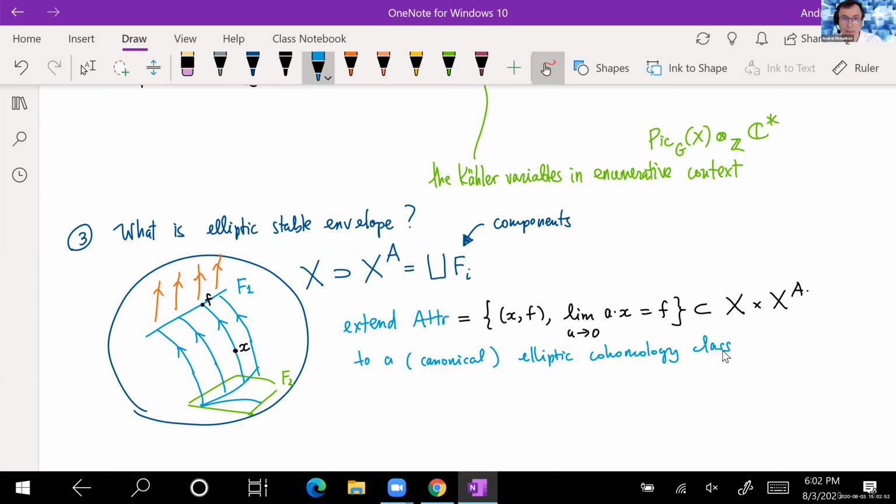And this sort of problem, when you have a cohomology class given on an open set and you'd like to extend it to the whole space, falls into a more general category of questions.